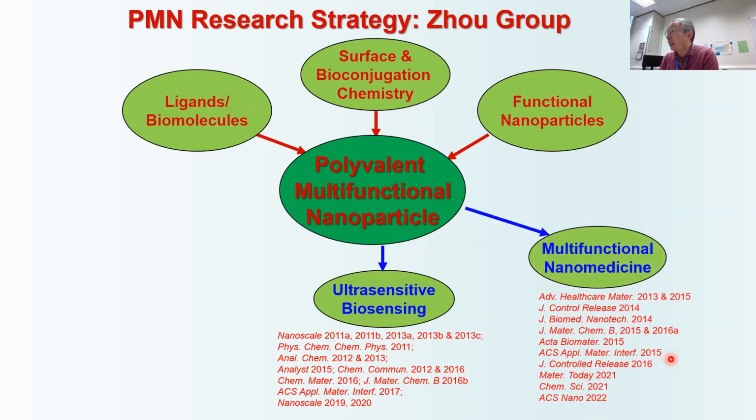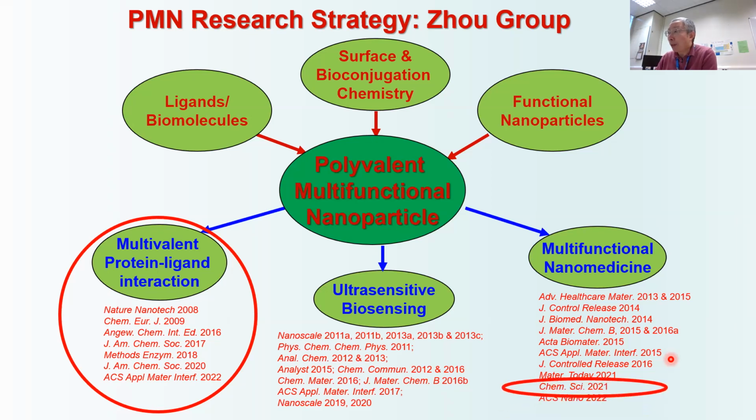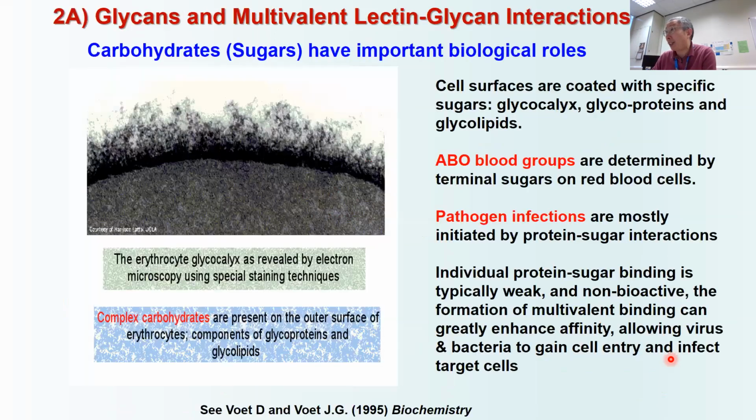We can also use them to develop multifunctional nanomedicine for the diagnosis and treatment of cancer and bacterial infections, etc. We can also use them as new biological tools to study the mechanisms of multivalent protein ligand interactions. And in this talk, I will mainly focus on the multivalent protein ligand interactions, and also introduce our work on antibacterial applications.